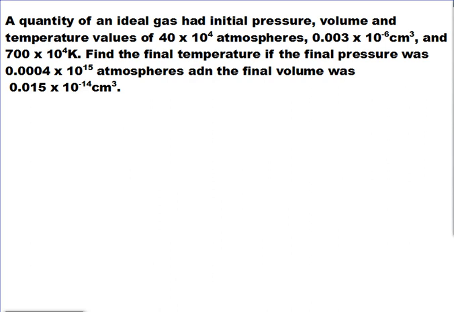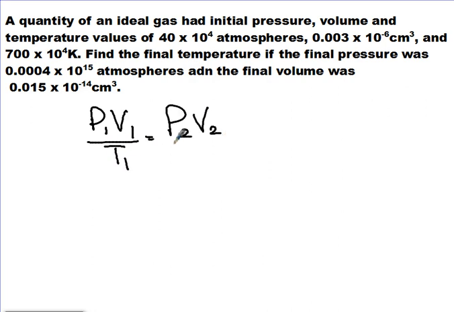We're going to use our formula P1 V1 over T1 equals P2 V2 over T2 to start off with. So let's start plugging in some values. For P1, pressure, remember atmospheres is a measure of pressure, so the first pressure is 40 times 10 to the 4th.